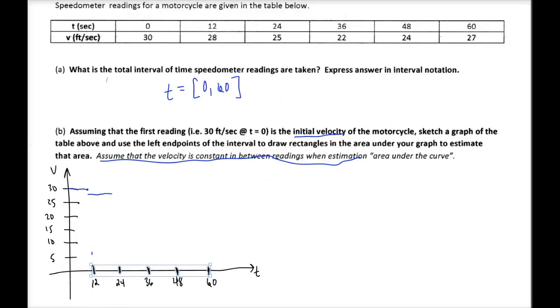I'm just going to make these little dashes here, and do the same thing here. Then at 24, we'll go down to 25, which will be about right in here. At 36, we'll drop down to 22, which would be somewhere in here.